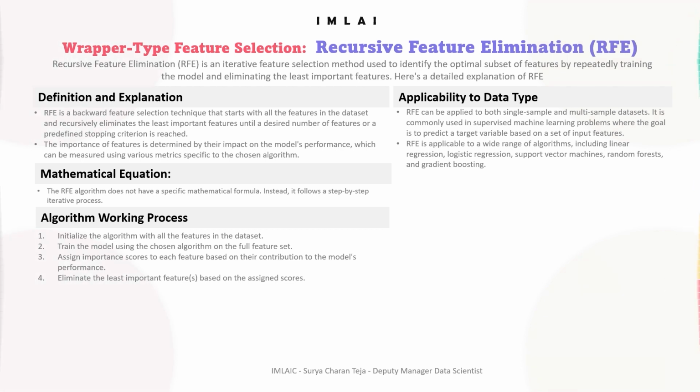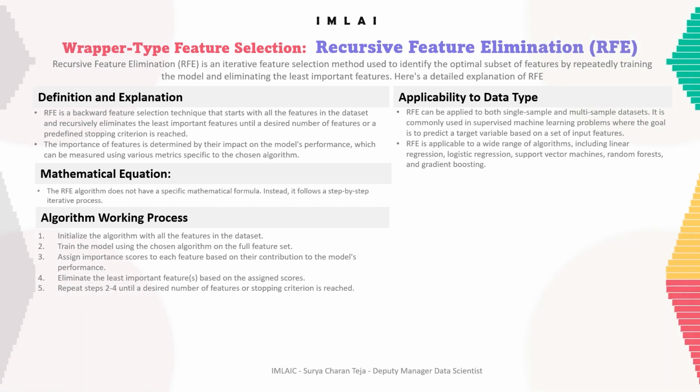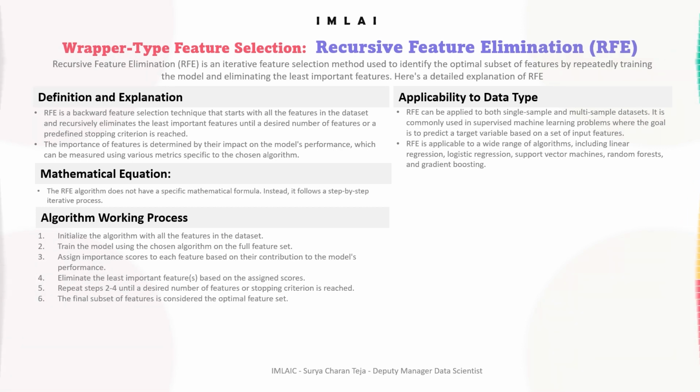And you have to repeat this until you reach a desired number of features or stopping criterion. The final subset of features is considered the optimal feature set.